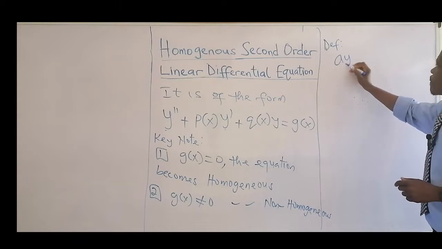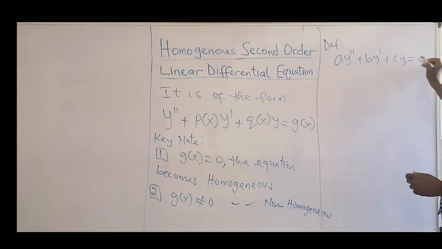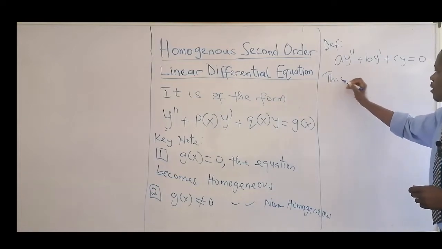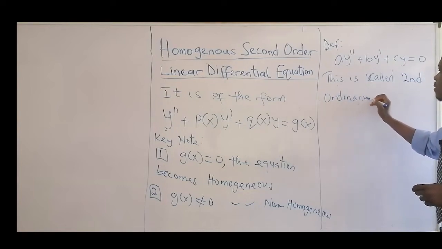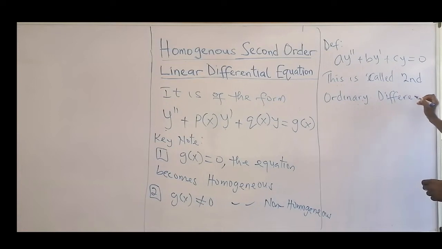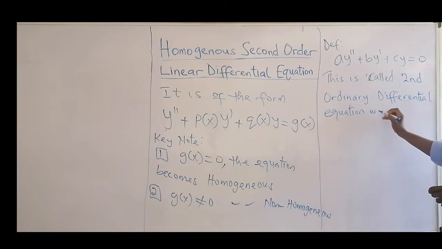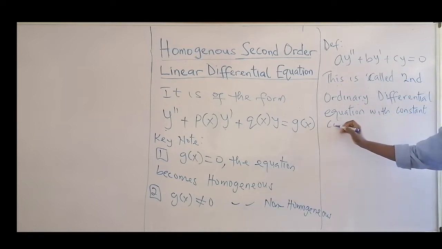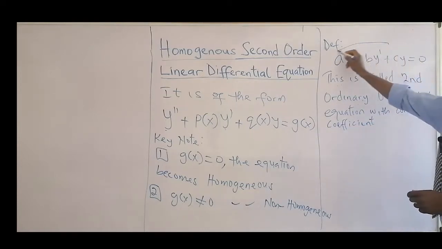Okay, so this is called a second order ordinary differential equation with constant coefficients.